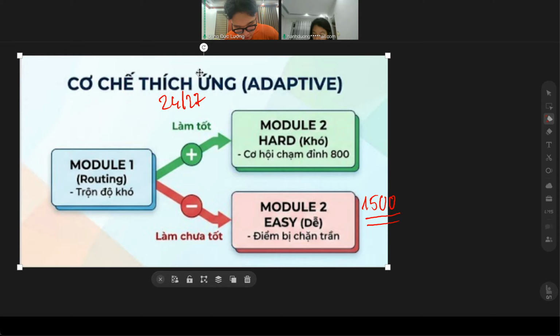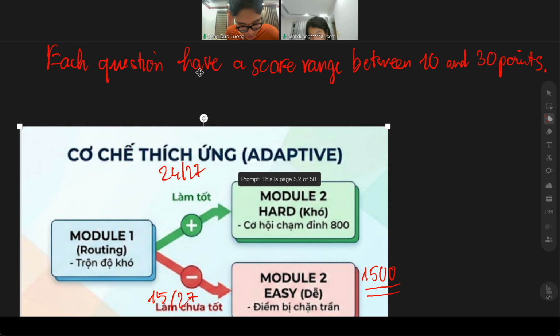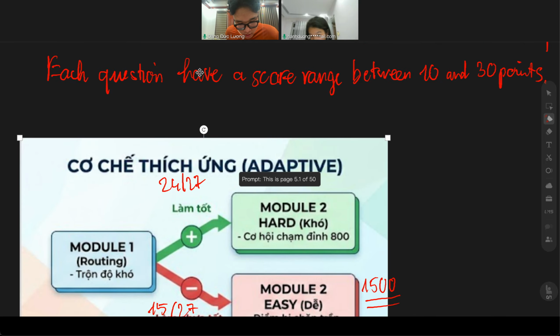And if you are about to get the easy version of Module 2, you will get like 15 or less. All right, 15 or less. Because you already know that each question has a score range from 10 to 30 points.